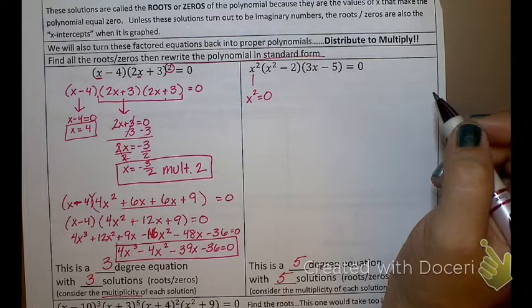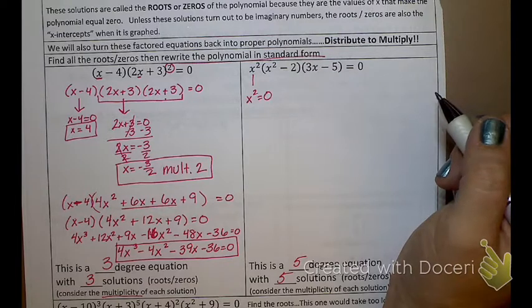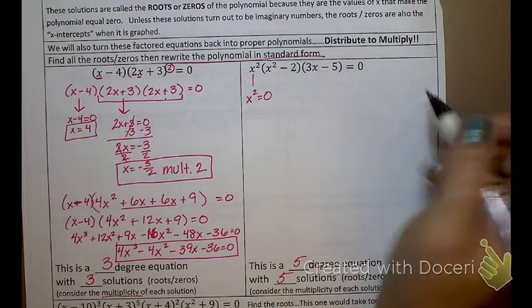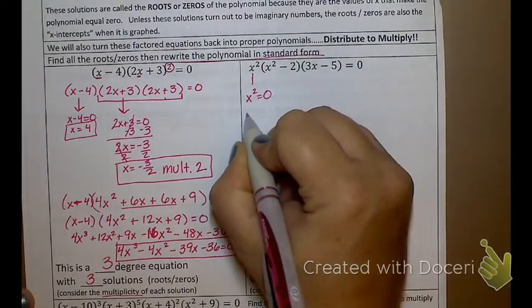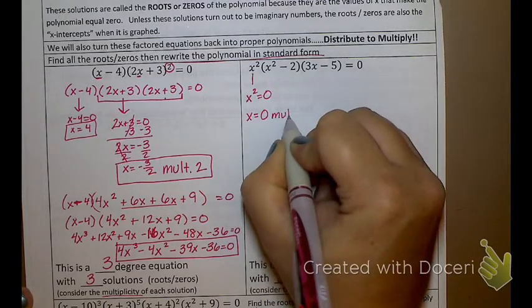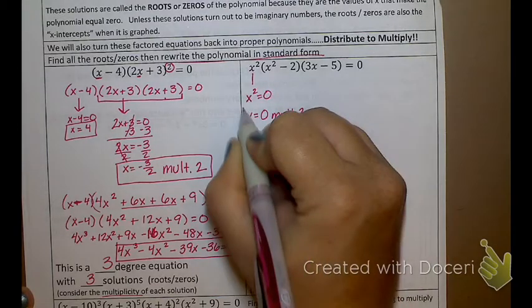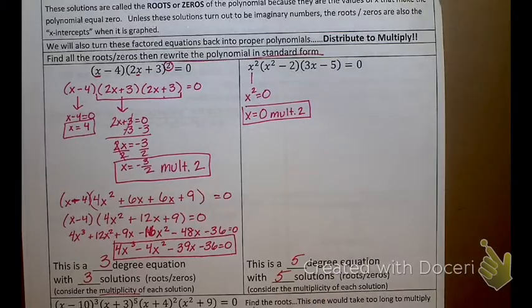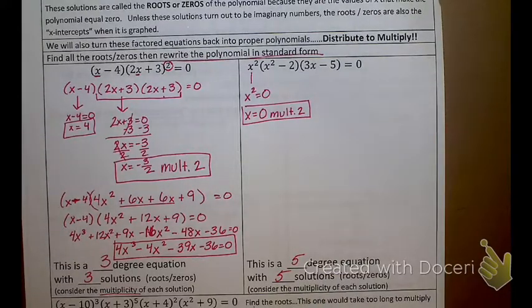Well, positive 0 and negative 0 are both just 0, but it is 2 answers. So when I have x squared equals 0, I do have x equals 0 with a multiplicity of 2. Like if I had x squared equals 9, I have 3 and negative 3, right? So there's 2 of my 5 answers.